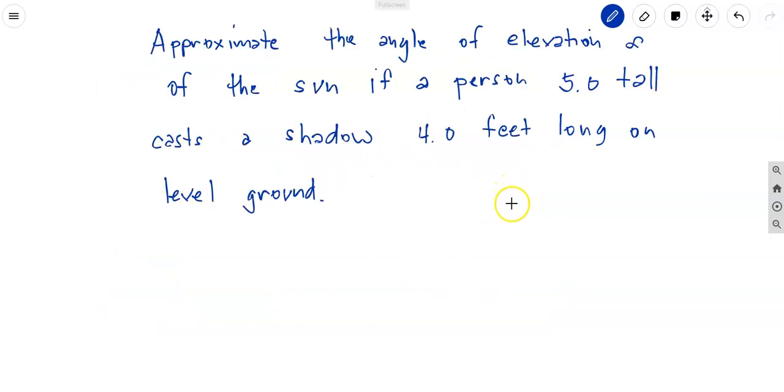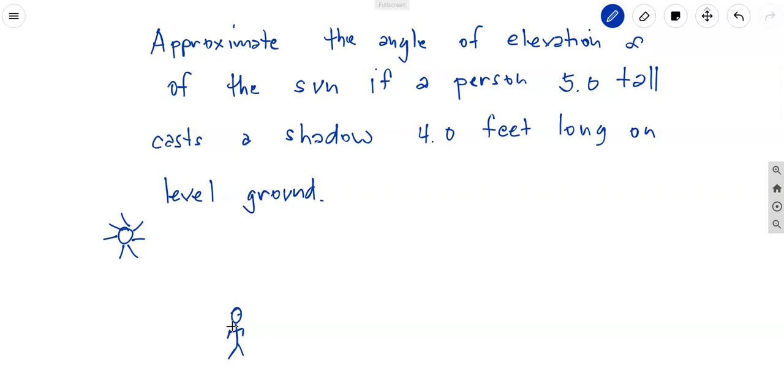Okay, let's solve this application problem for trigonometric functions. Approximate the angle of elevation alpha of the sun if a person 5.0 feet tall casts a shadow 4 feet long on the level ground. So we have to draw the diagram. We have here the sun, and then we have the person.